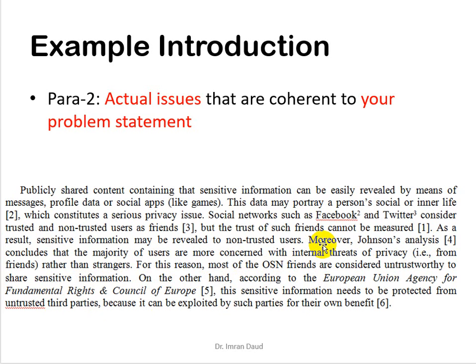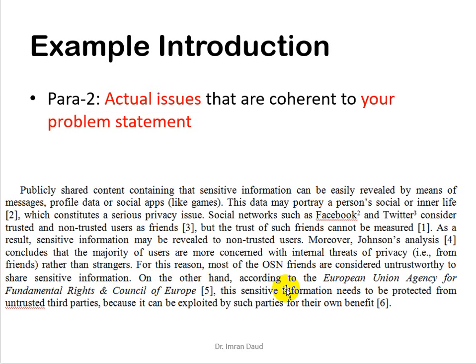Because he has referred to one of the researchers, and he's claiming that people are more concerned about internal threats, that is from the friends that they actually have, as compared to the strangers who are not in your contact list. For this reason, most of the online social network friends are considered untrustworthy to share sensitive information.